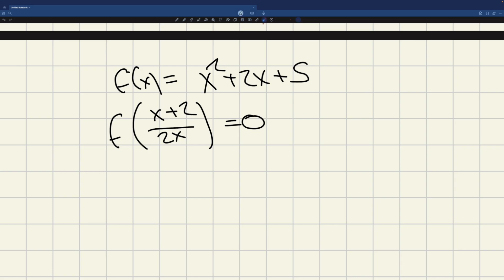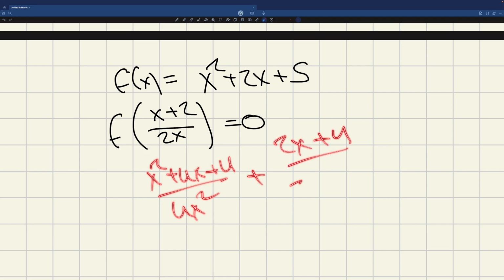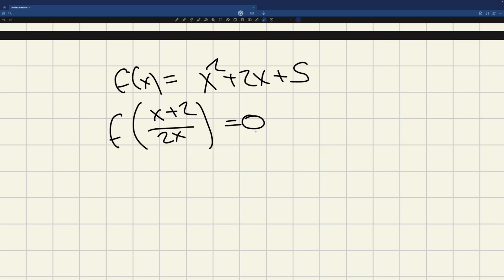Now, of course, what you would do here, and I hope you realize this, you would take this, you would dump it into the function, you'd get an equation. It wouldn't be very pretty, so it would be something like x squared plus 4x plus 4 over 4x squared plus 2x plus 4 over 2x plus 5. Now the 2 cancel out, tra-la-la. So yeah, and then you just have to, oh yeah, equals 0. So then of course you just have to solve that and you'd get the solution, hopefully.